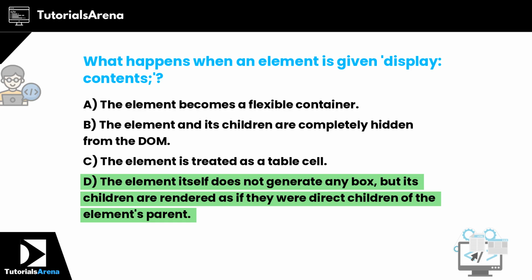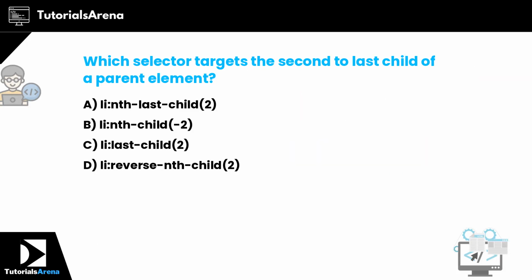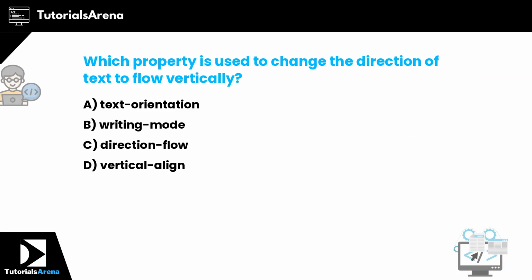the element's parent. Which selector targets the second to last child of a parent element? The correct answer is option A, li:nth-last-child(2). Which property is used to change the direction of text to flow vertically?